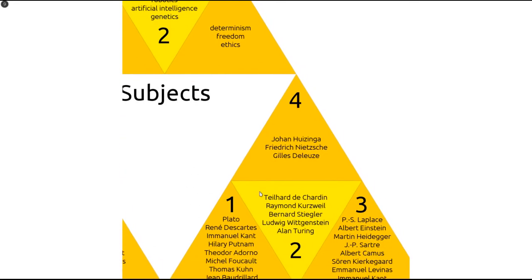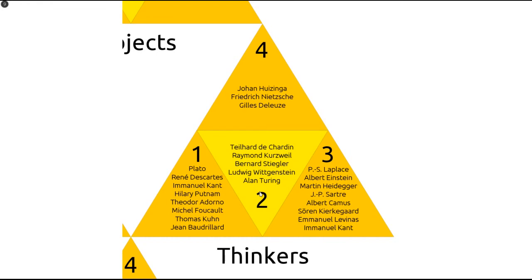The second triangle has a collection of thinkers that have something useful to say about the theme they are associated with. The thinkers I mentioned while introducing the themes can be easily identified in these triangles.